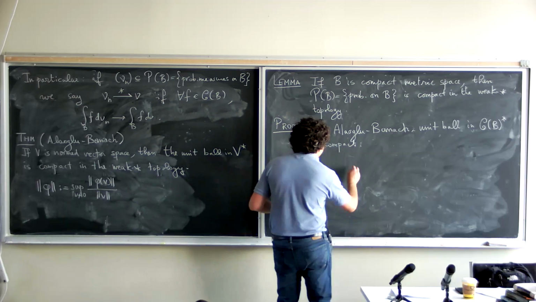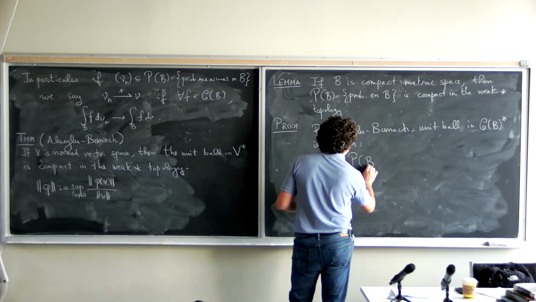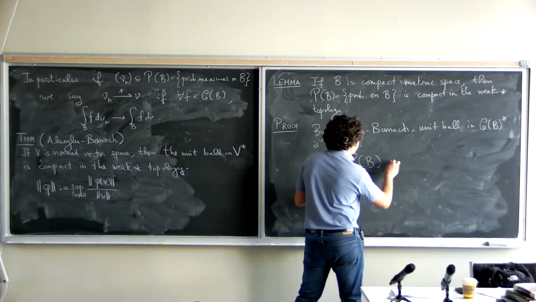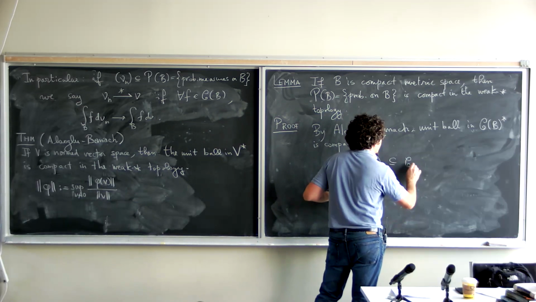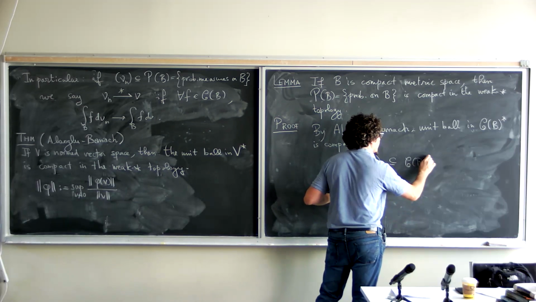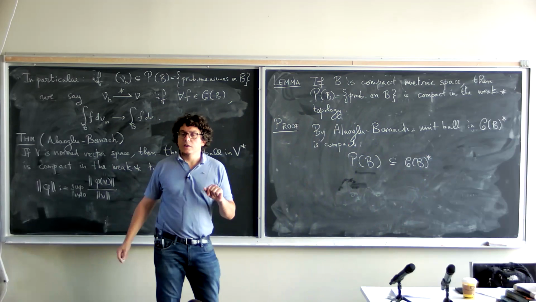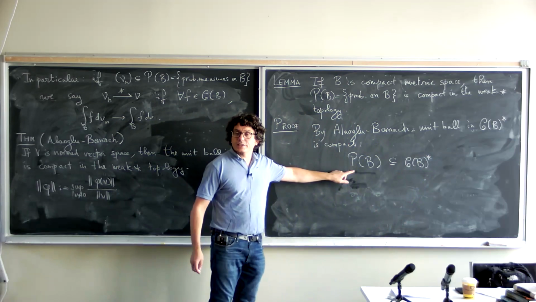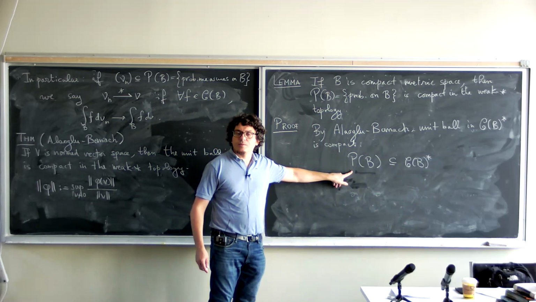That's right. So P(B) is obviously a subset of C(B) star, and we just have to check that this is a closed subset.